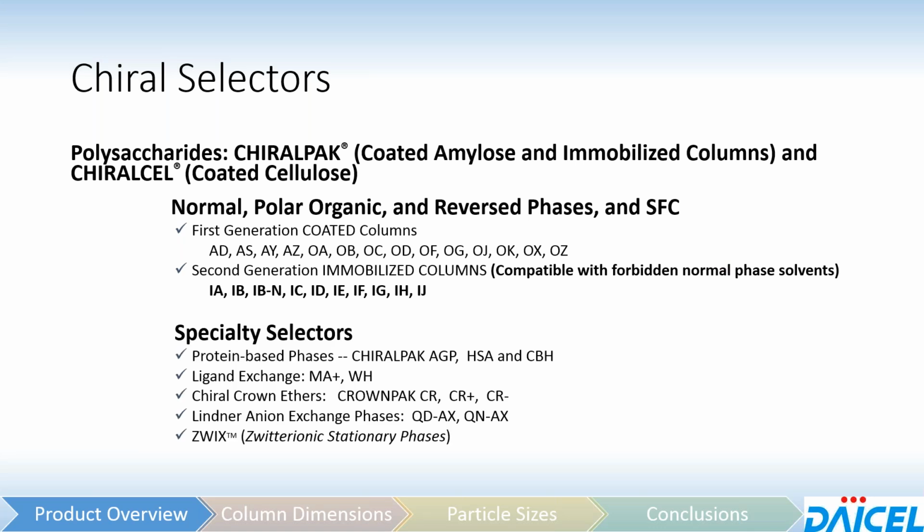And then we have our specialty selectors, our protein columns, ligand exchange, crown ether, Lindner, and zwitterionic ZWIX phase. And these are all available in a wide variety of different column dimensions, and in some cases, a wide variety of particle sizes as well.